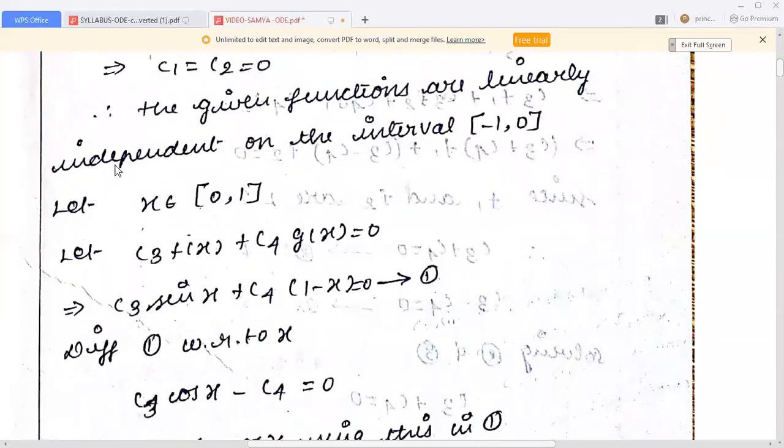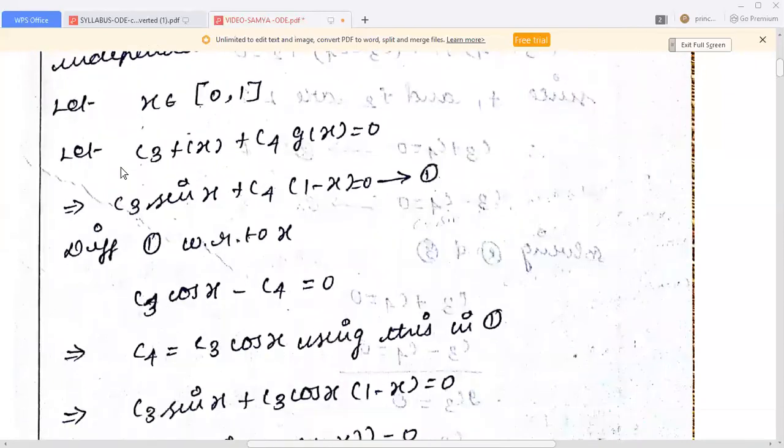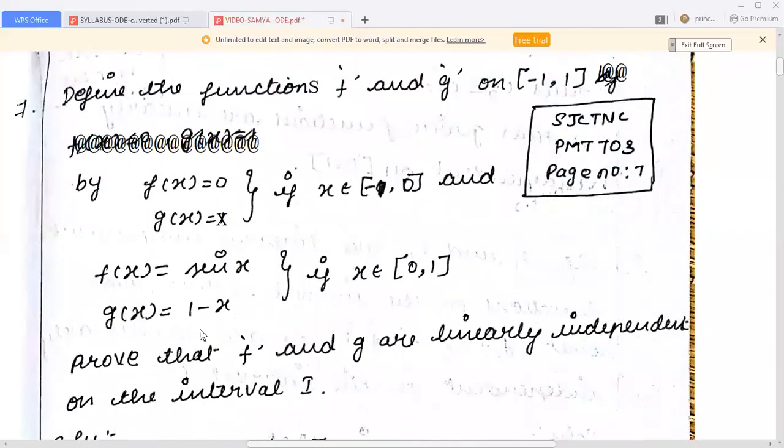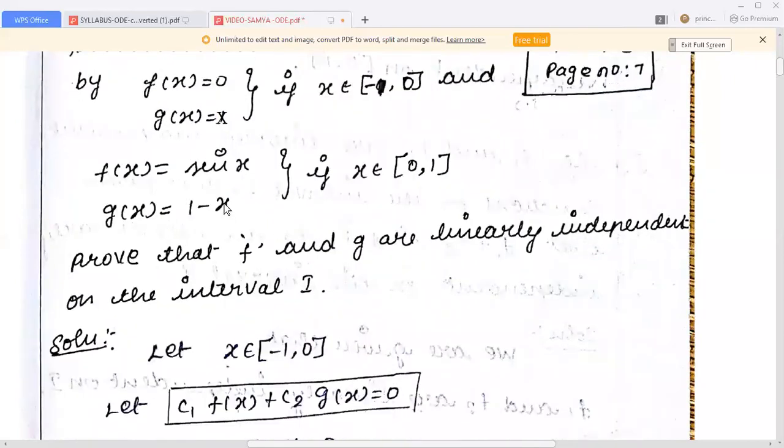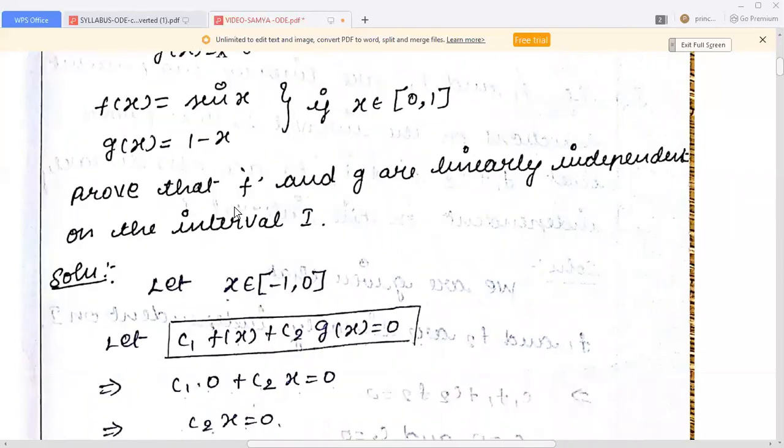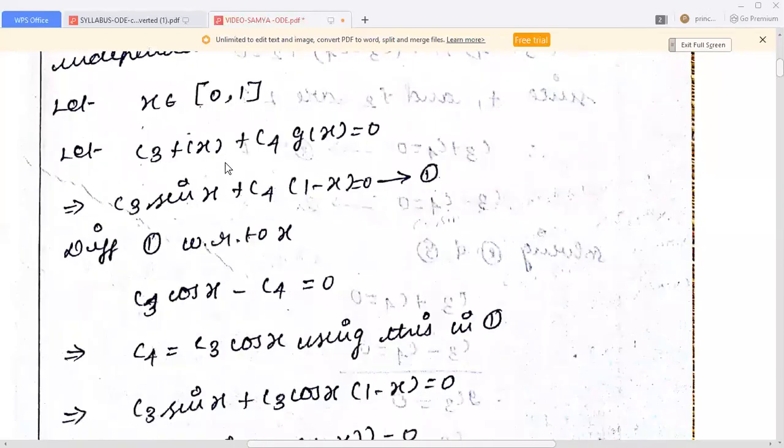Next, let x belongs to the closed interval 0, 1. In this interval 0, 1, f of x is sin x and g of x is 1 minus x, and that is to be substituted. So let x belongs to this interval 0, 1. This implies let C3 into f of x plus C4 into g of x equal to 0.